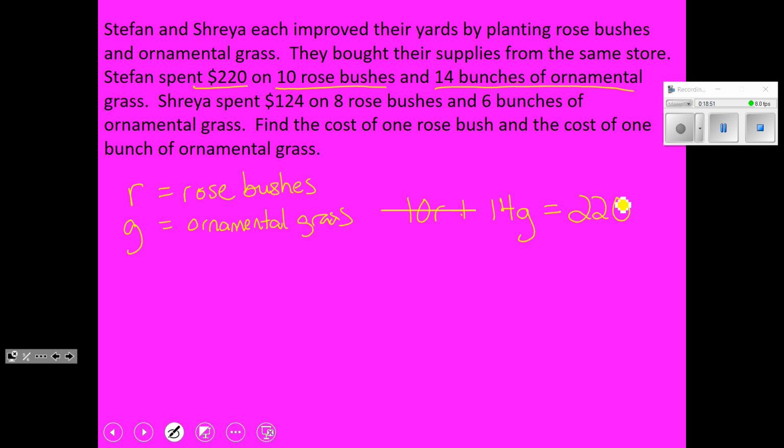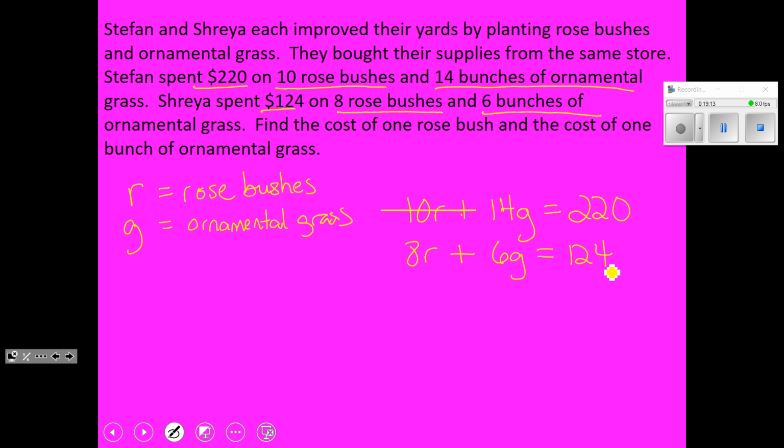Shira spent $124 on 8 rose bushes and 6 bunches, so 8R plus 6G equals $124. Okay, and so now you can solve.